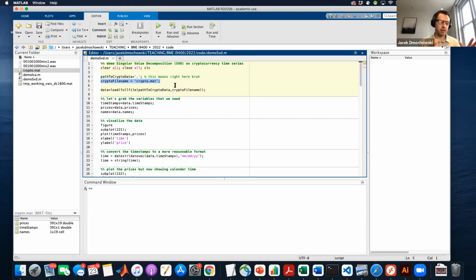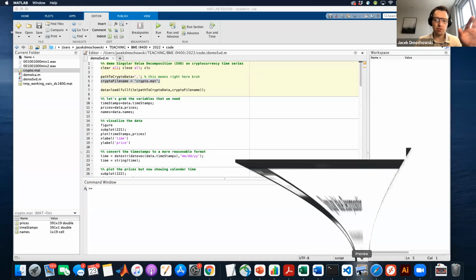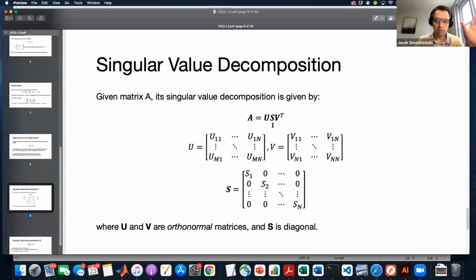Because oftentimes the difference between a synthetic data set and the real data set is that there's some pre-processing that needs to be applied to real world data to get the algorithms to work. And so I will show you a little bit of that today. Before we actually delve into the script, I do want to show you just basically one equation that describes what the singular value decomposition is, mathematically, formally.